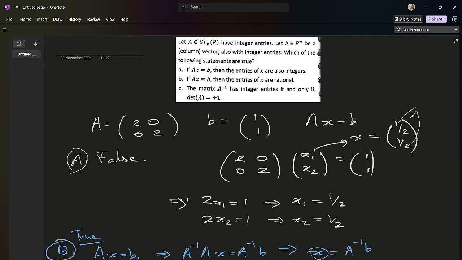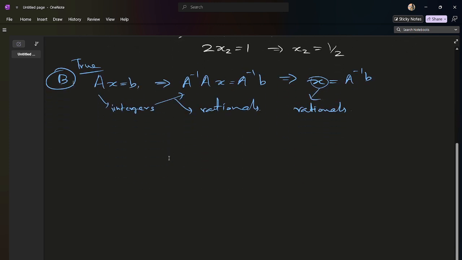So what can we do? We know that the matrix A inverse is adjoint A by det A. We all know this formula.